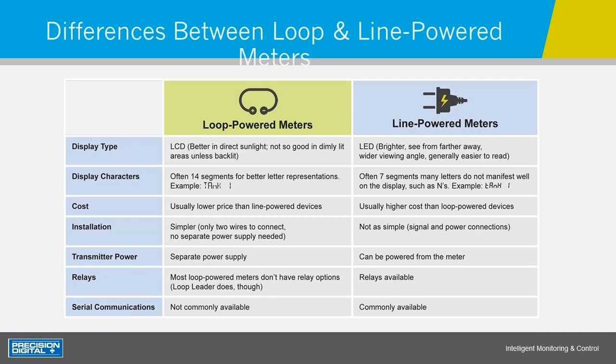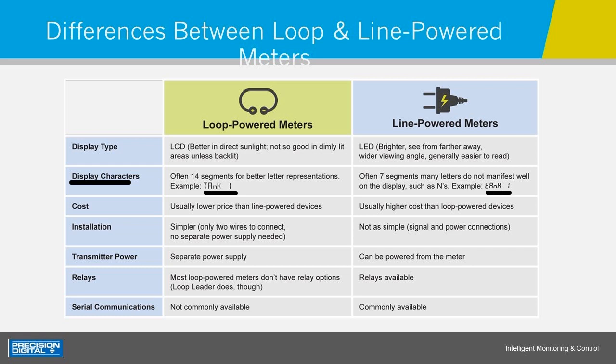The display characters is also an interesting comparison because on an LCD, we can make custom characters that have very small segments that make them up, whereas on an LED, there's a limit to how small you can make the indicators. It's tough to cram more of them in there. And so on the LCD displays, on the loop-powered meters, you've got 14 segments. And you can see here we compare tank 1 in both examples.